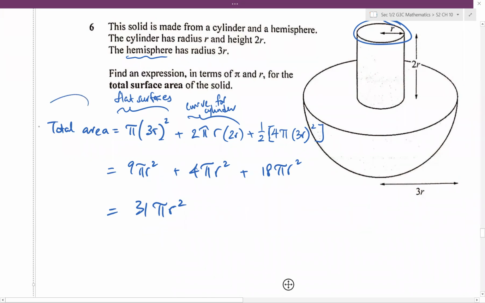So we can see that the total area depends on the value of r only for such a figure. As your r changes, the total area will also change.